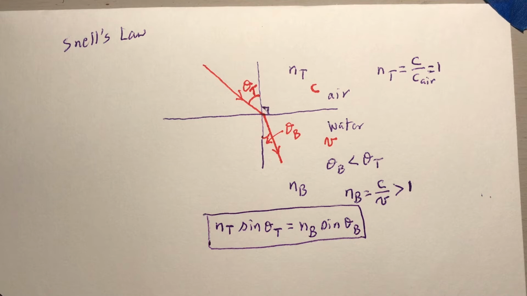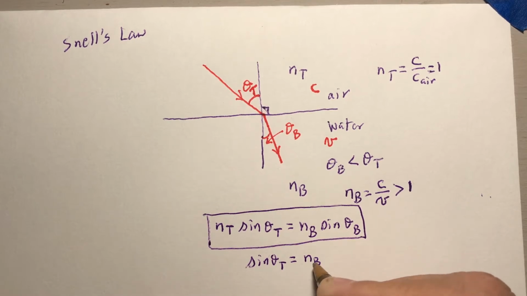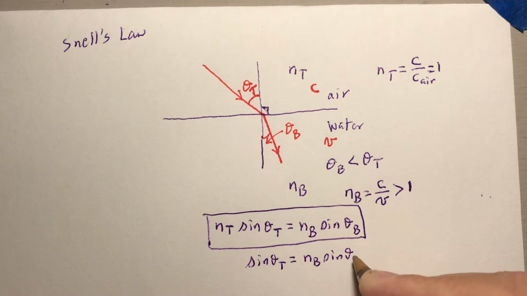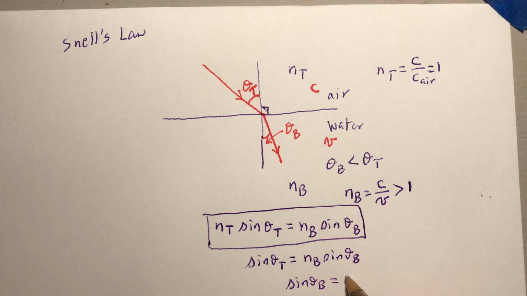Now, since n top is 1, this becomes sine theta top is equal to n b sine theta b. So if we change this formula, we can write sine theta b is equal to sine theta t, or top, over n b.